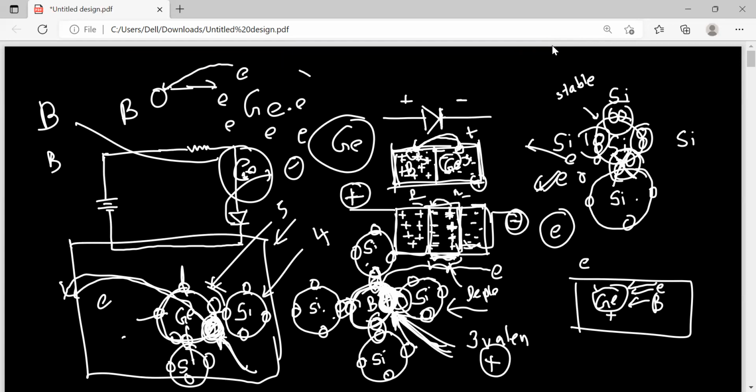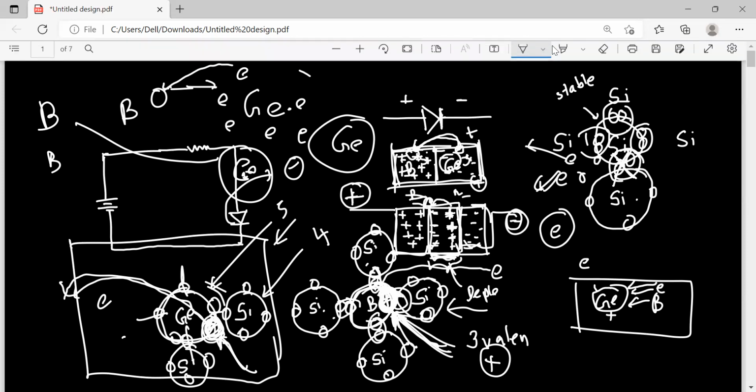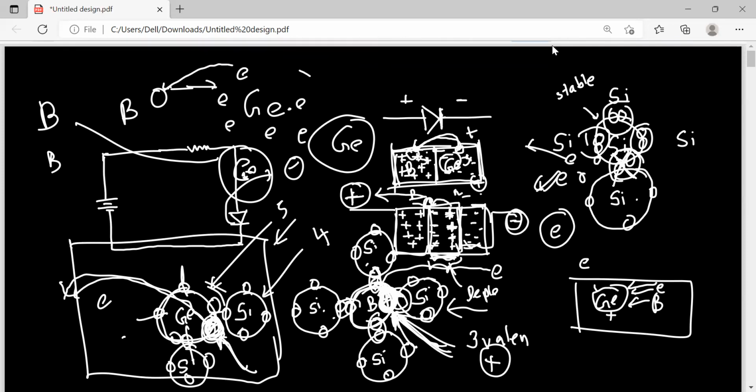If we give it like that, what's going to happen is the electrons will start to flow from this side. The reason is the germanium can now attract electrons from this minus supply. If you are not providing a supply, they can't attract electrons, so they need to get the electron from the depletion region, from their own electrons.